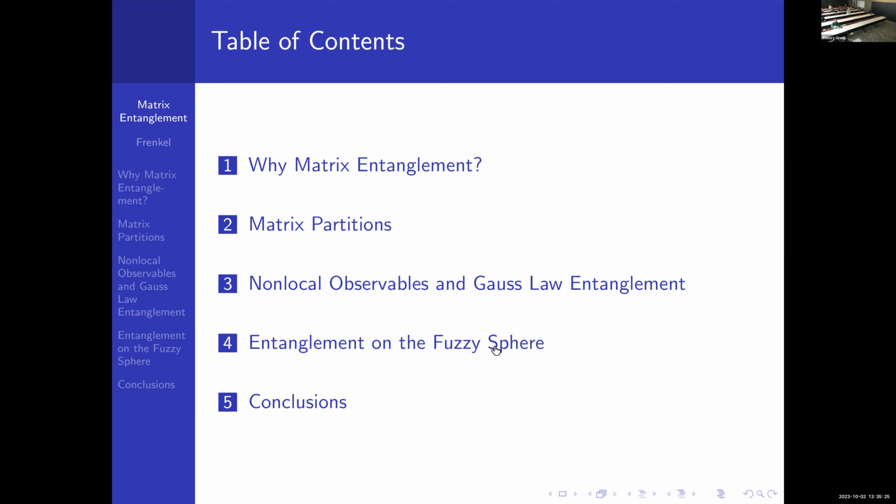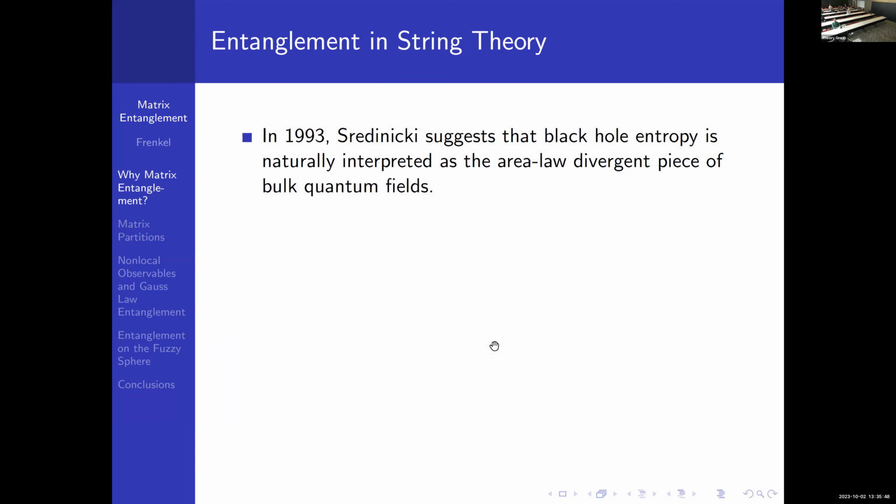And I will spend most of my time talking about a very concrete example of how to apply this technology, entanglement entropy on the fuzzy sphere, which is a particular state of some bound D0 branes in a particular matrix quantum mechanics system, although the technology is much more general and its applications are much more general. All right, so first, why matrix entanglements?